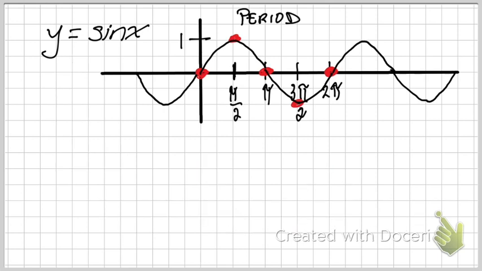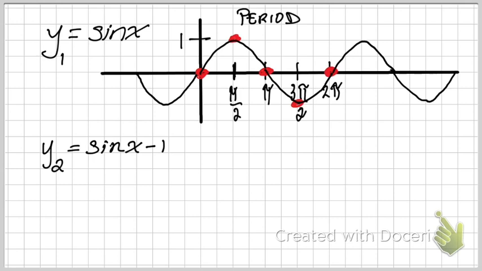So a very simple transformation would be, we'll call this y1, and then say I had y2 equals sine x minus 1. So do you know what that does as far as the transformation goes? Hopefully you narrow it down to two choices.